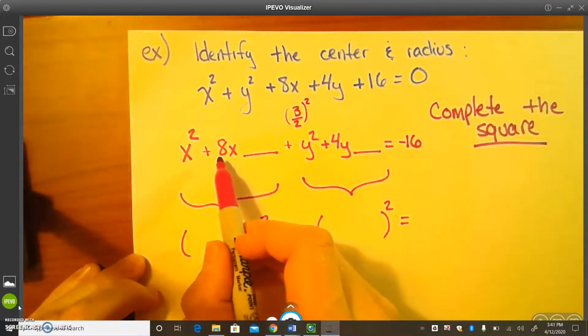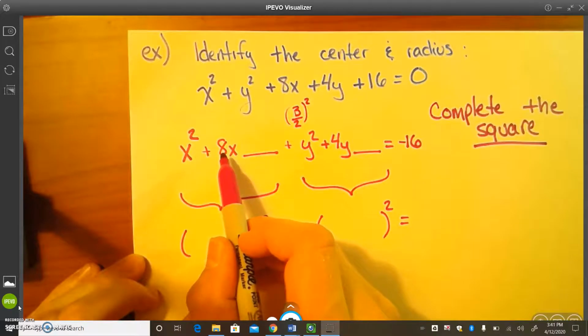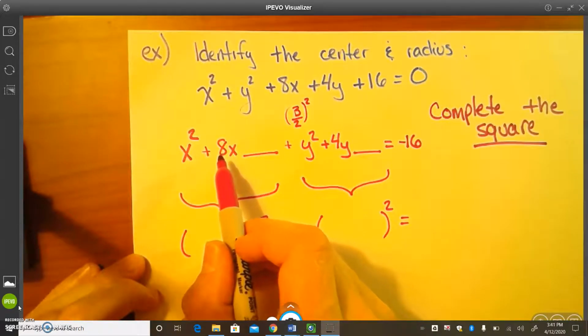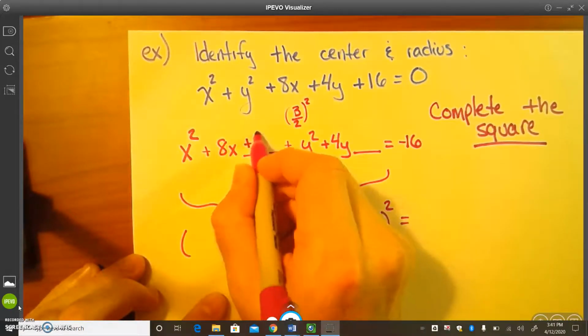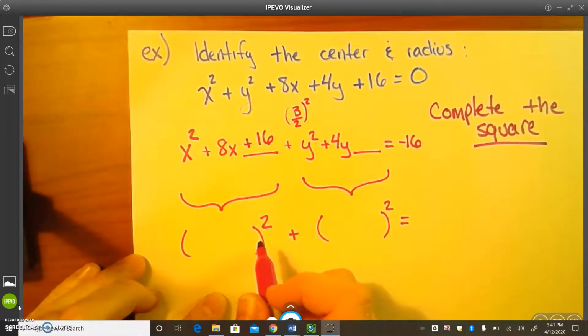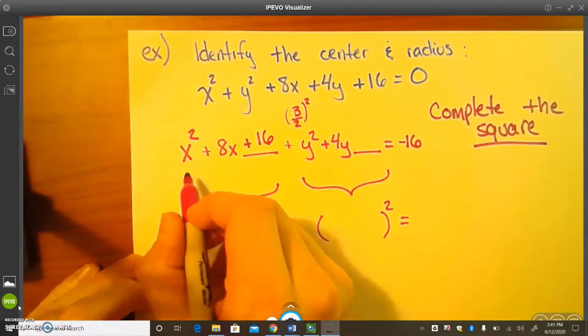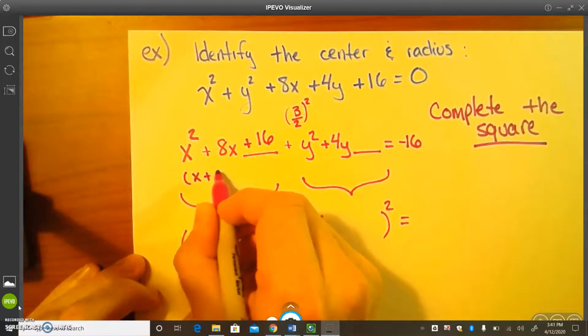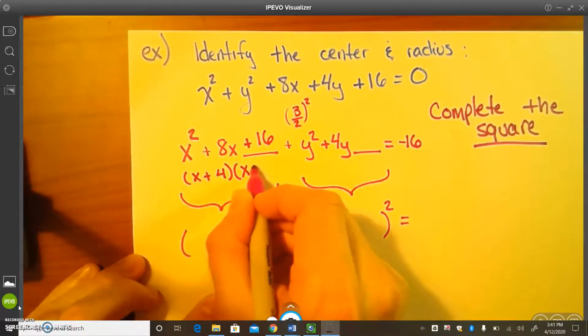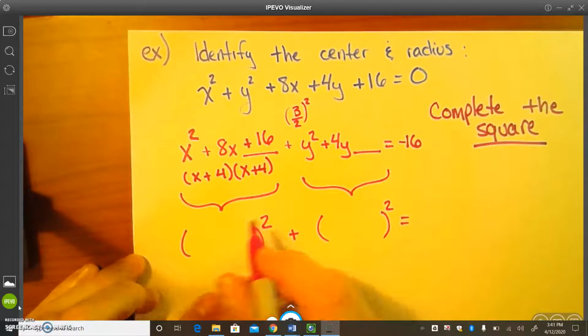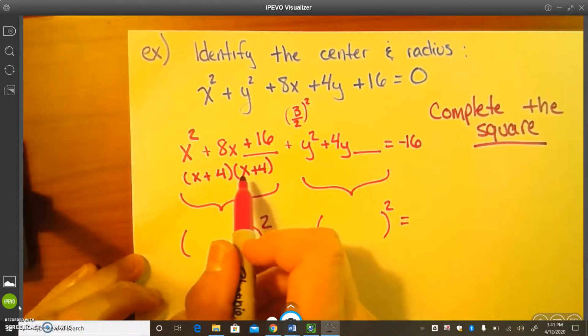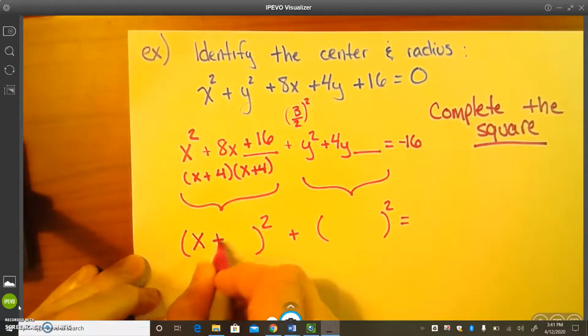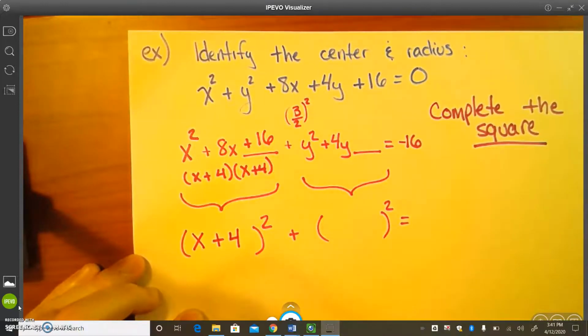Okay, so if 8 is the b term, half of that would be 4. 4 squared is 16. Okay, notice this then splits into an x plus 4 and another x plus 4, which, if we have the same pair of factors twice, that's exactly what we wanted. So we're going to put that as an x plus 4 squared.